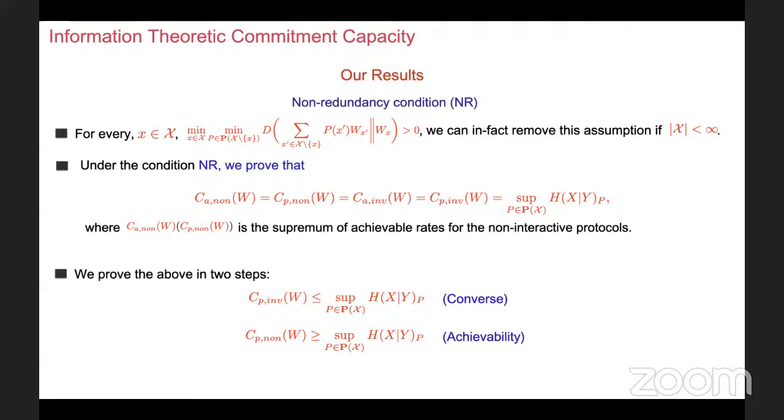So non-interactive means that there is just one round of communication, with no interaction between the parties. In this case, we design a protocol and show that we can achieve the rate given in terms of the conditional entropy of X given Y.